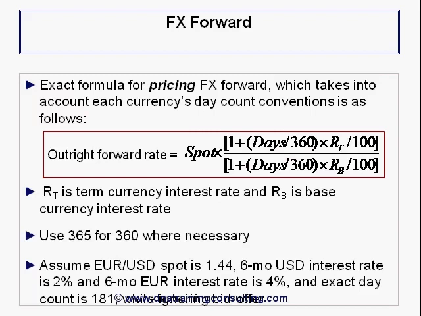We now price using this equation a 6-month euro-dollar forward when spot is 1.44. The 6-month dollar interest rate is 2%, and the 6-month euro interest rate is 4%. We also assume that the exact day count for the 6-month period is 181 days. For now, we ignore bid offer.